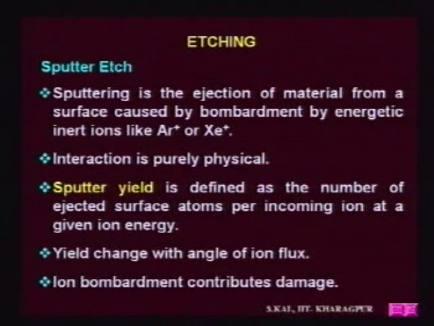Yield changes with the angle of ion flux, obviously, because if the ions are incident on the surface at a particular angle, not at normal incidence, then the yield will also change. The sputter yield of a particular plasma system depends on the angle of incidence of the ions with the substrate surface.